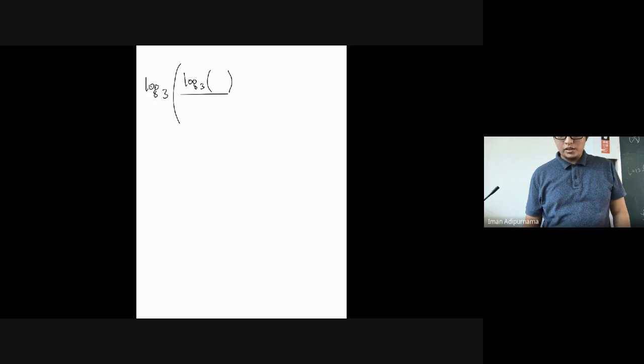And the result is, let me write the results, 3, 3, 3, and then log 3 of 3. Can you solve this? Find the number that you need to compute.